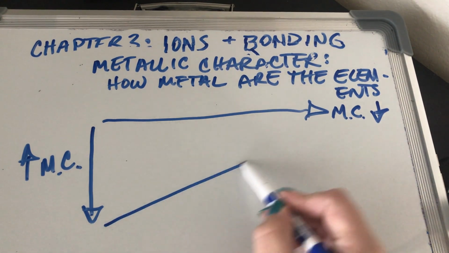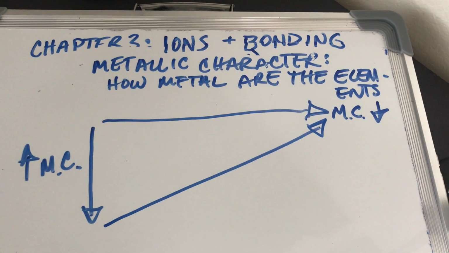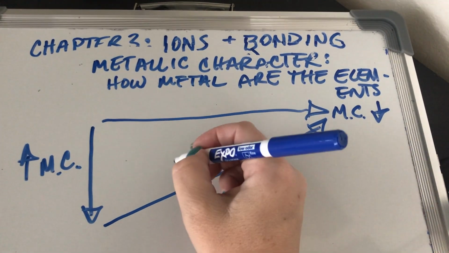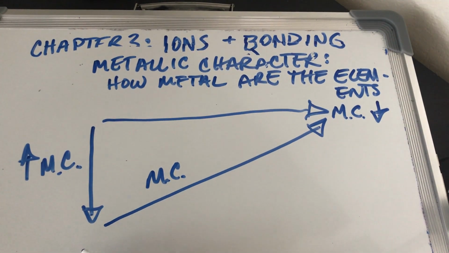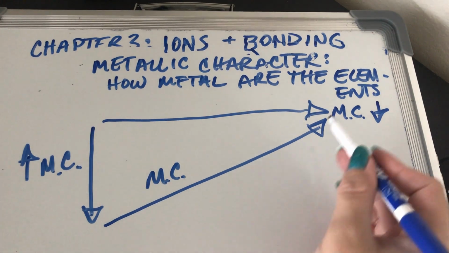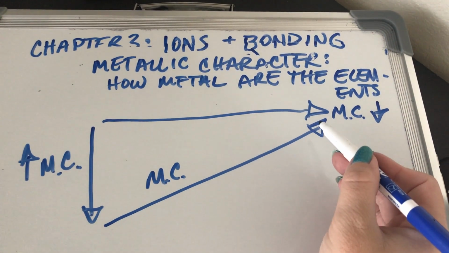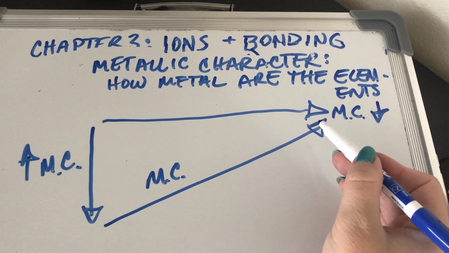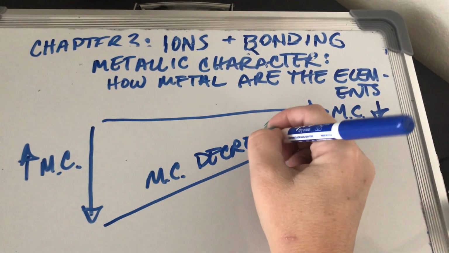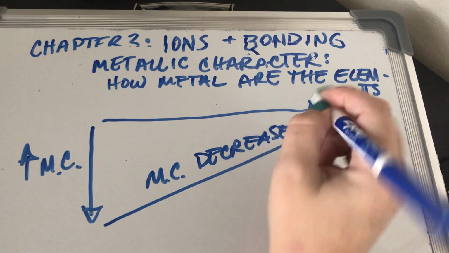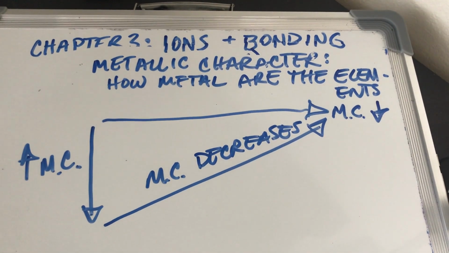So, you guys like all the arrows to point the same way? We can do it that way. So as we go from the bottom corner of the periodic table on the left, up, metallic characteristic decreases. Okay? Everybody comfortable with that?